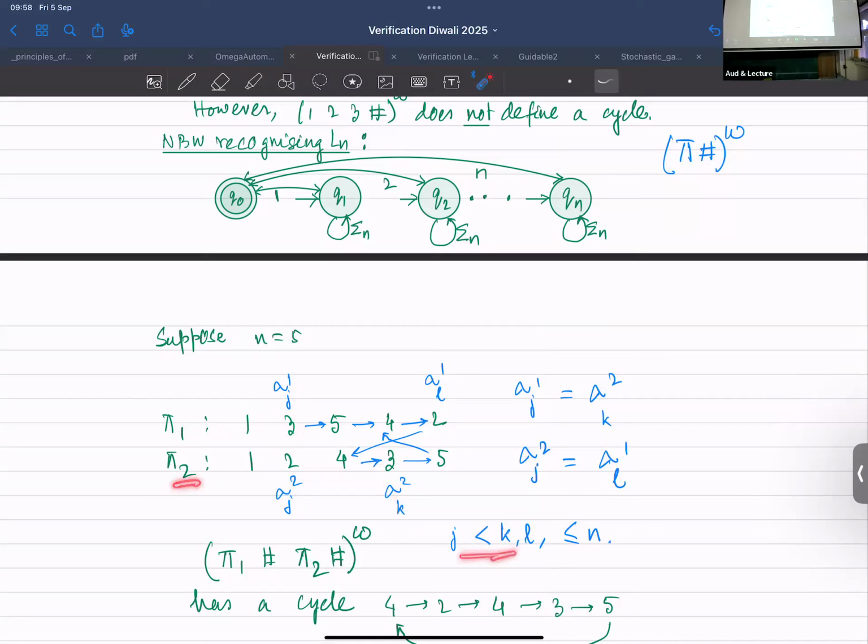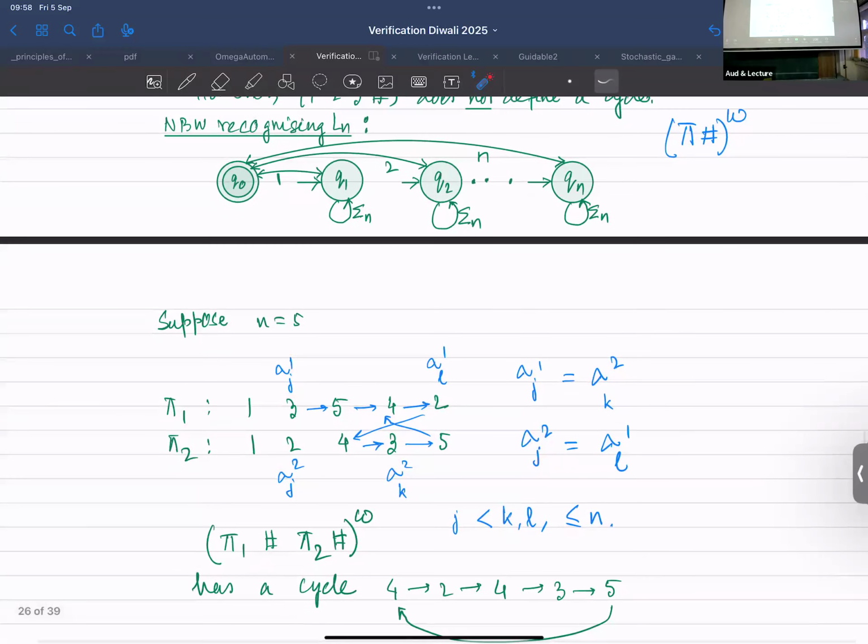And similarly, this letter here in the second permutation should appear at some position L in the first permutation, such that these two letters are the same. Clear?